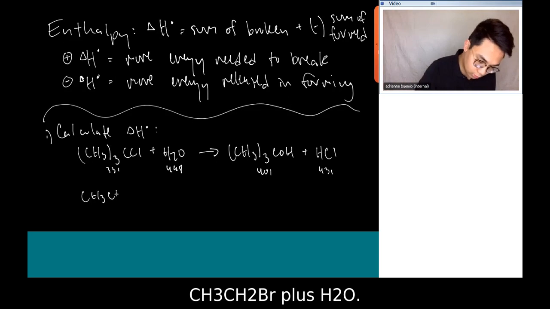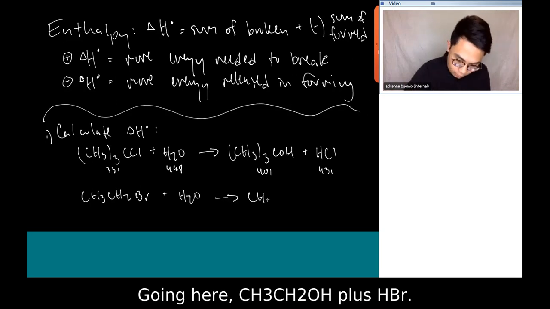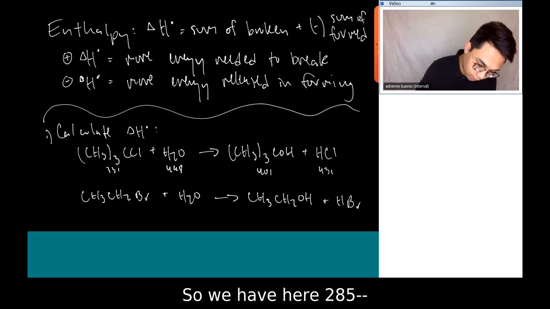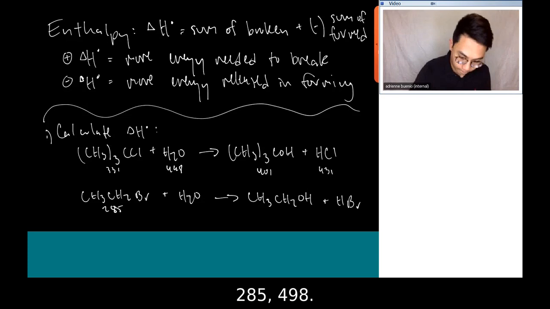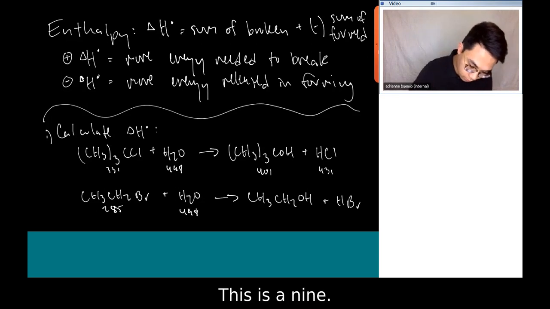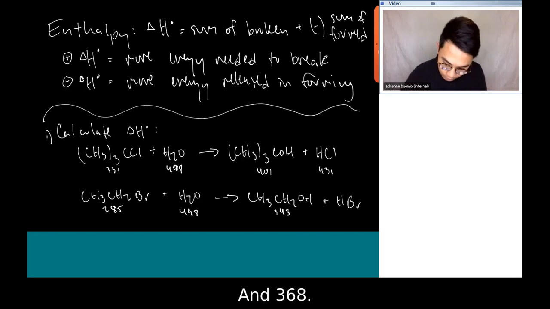CH3CH2Br plus H2O, going here CH3CH2OH plus HBr. So we have here 285, 498, 343, and 368.